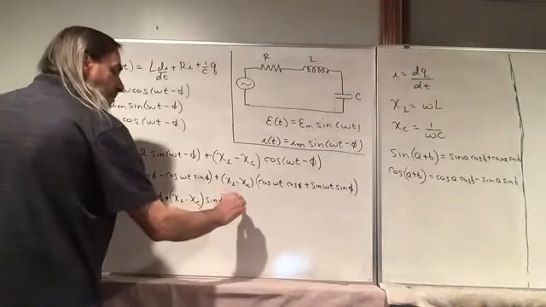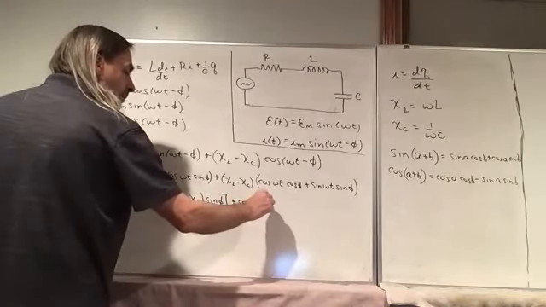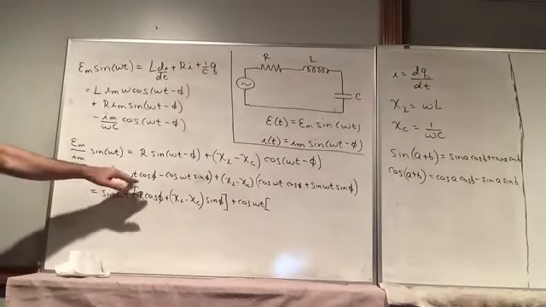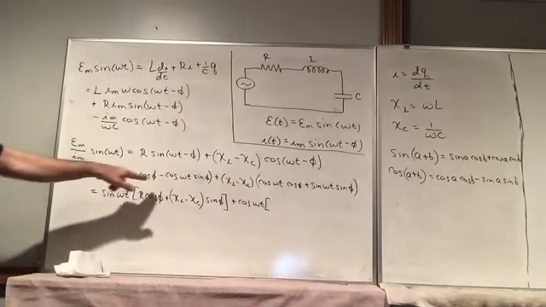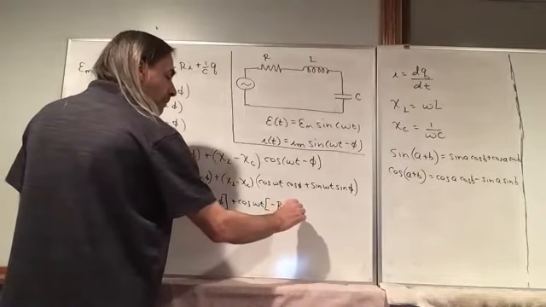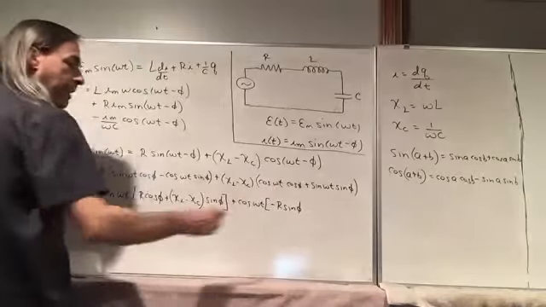Now let's do the same with cosine omega t. So that term we're going to take care of. Here we have a cosine omega t times minus r sine of phi. And this term has a cosine omega t.